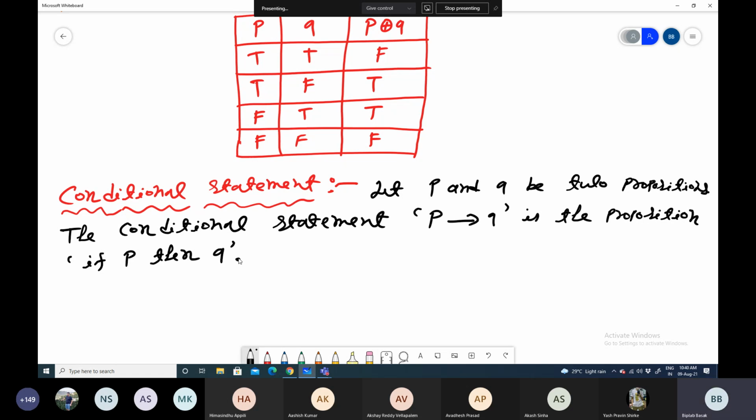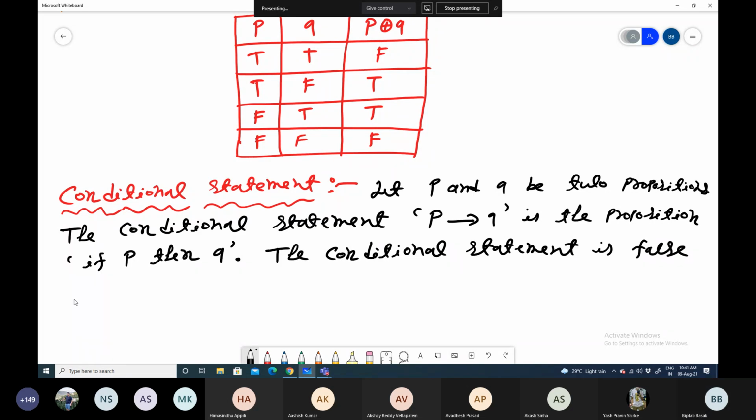Now, what is the truth value of this conditional statement? By the definition, the conditional statement is false if P is true and Q is false.